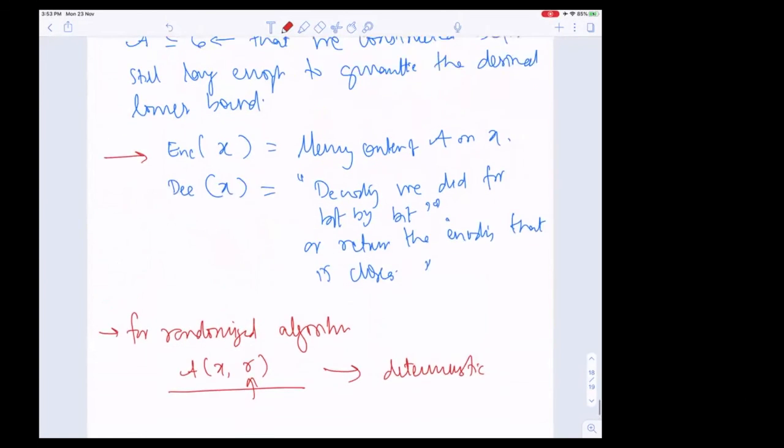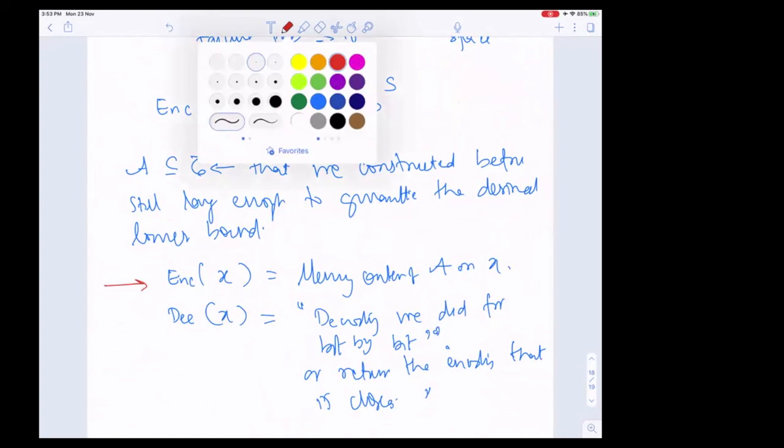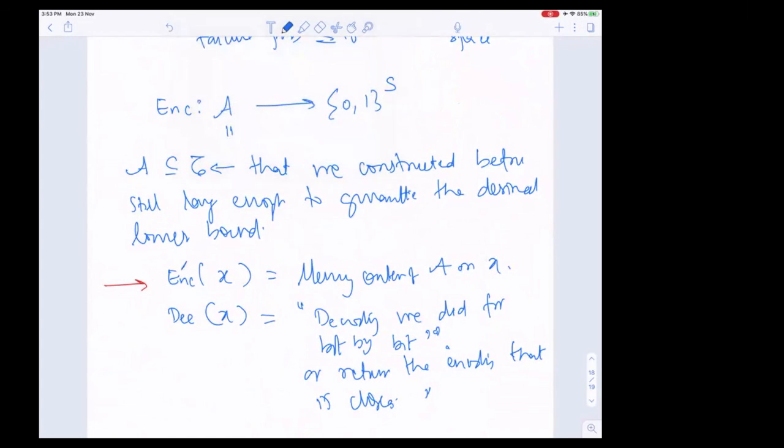So, since A is a randomized algorithm, I cannot say memory content of A on X. So let's call this encoding prime, and this decoding prime. From here, we will get our encoding and decoding.